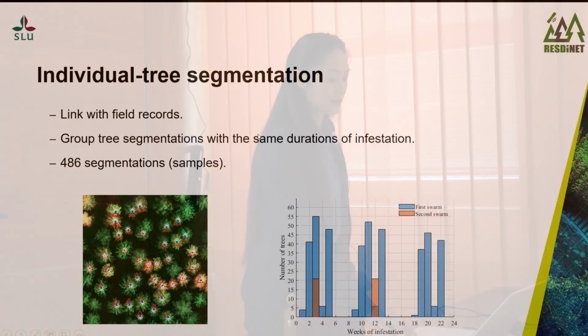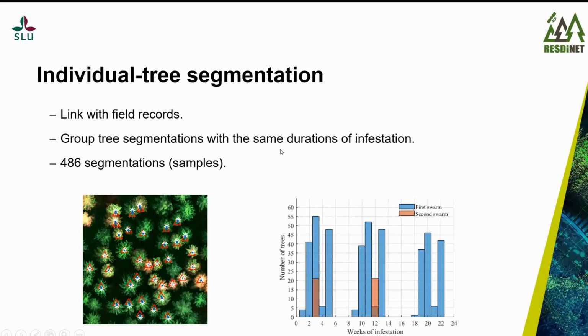For example, a tree can be healthy without any infestation in the first images, and then in the second flight has already experienced, for example, 2 weeks of infestation. In the third flight it has experienced 10 weeks of infestation, and so on. In the final one it has experienced 20 weeks of infestation.